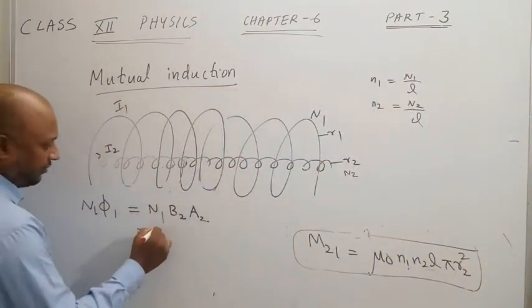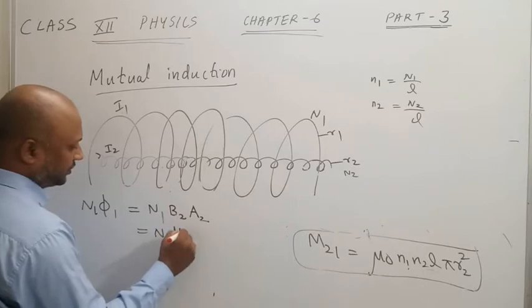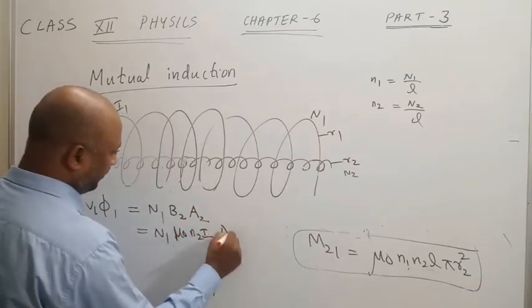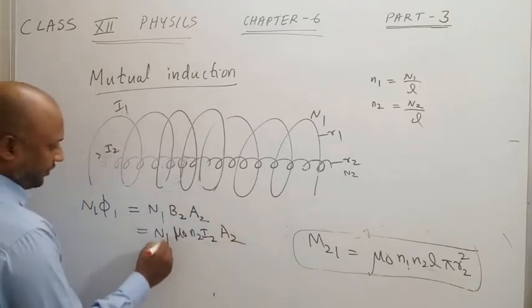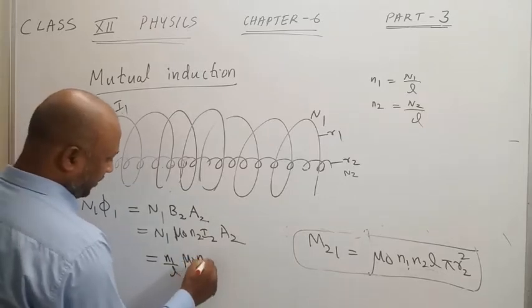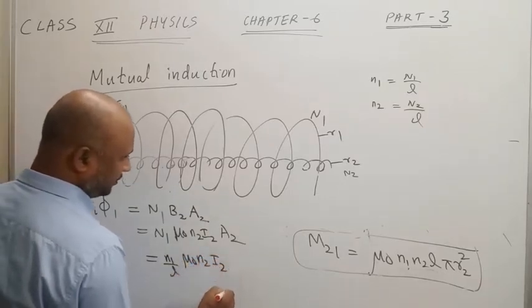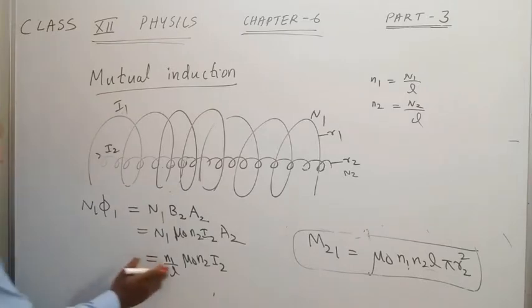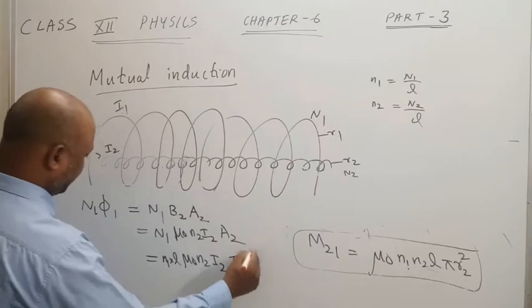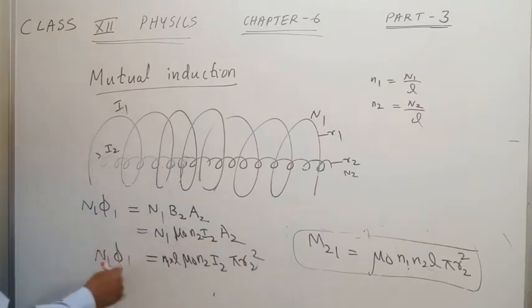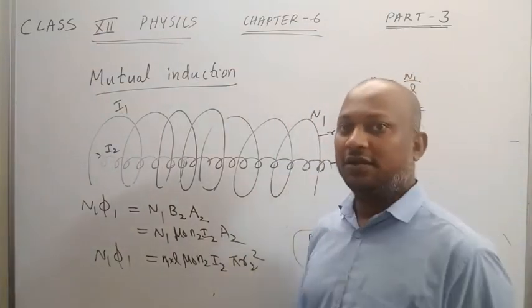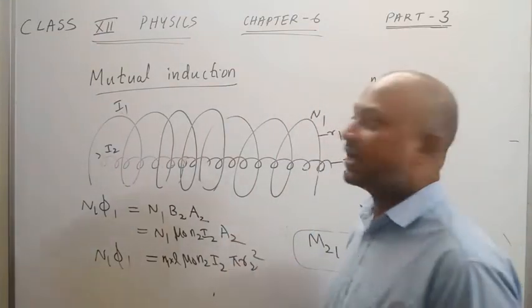So we will be writing N1 into B2, which is mu naught N2 I2 into L2. So we can write here N1 upon L mu naught into I2 into N1 into L. Area is pi R2 squared. So this is the flux in the first conductor due to the current flowing through the second conductor.